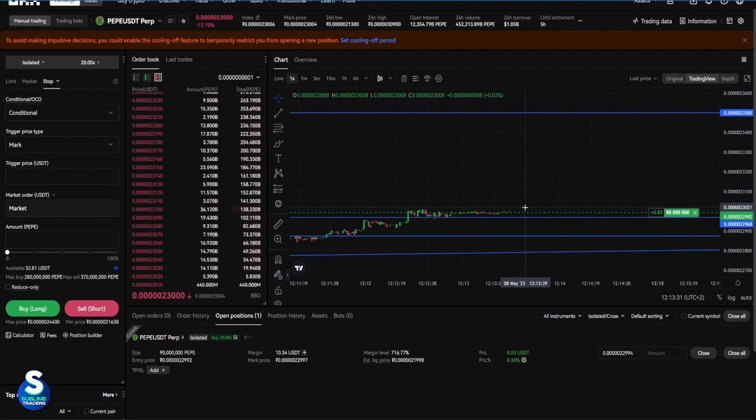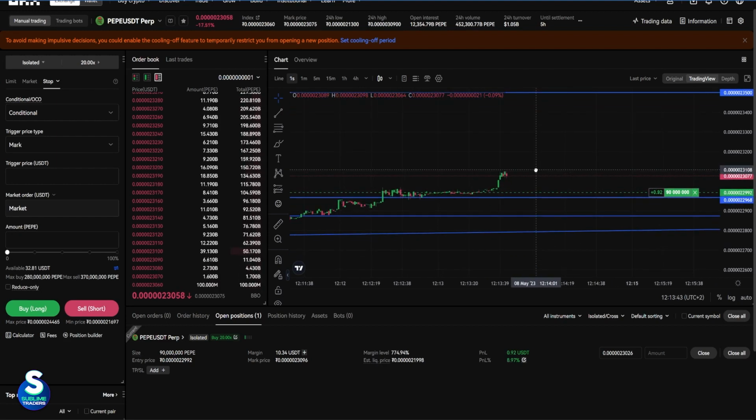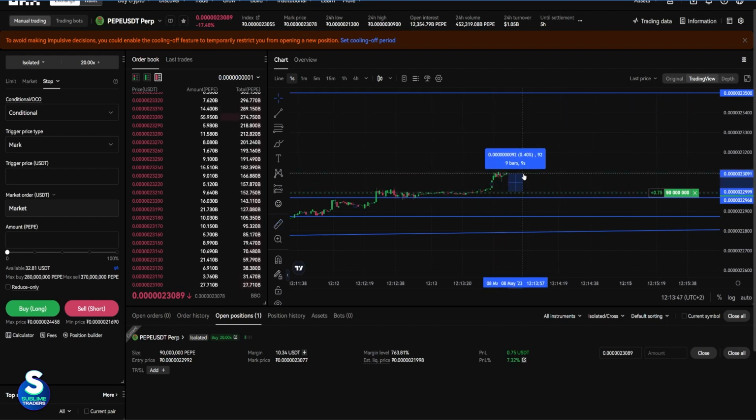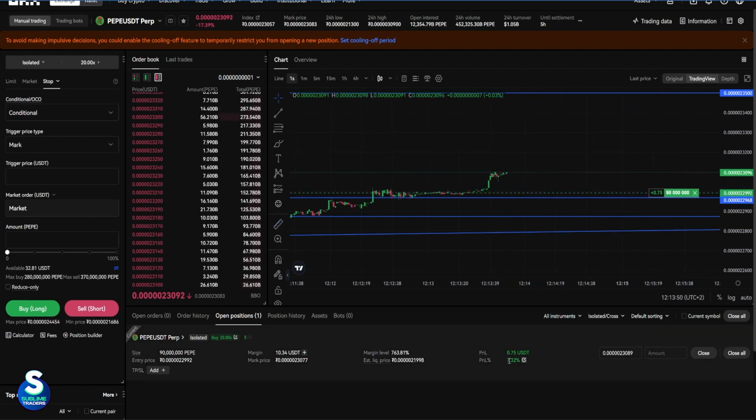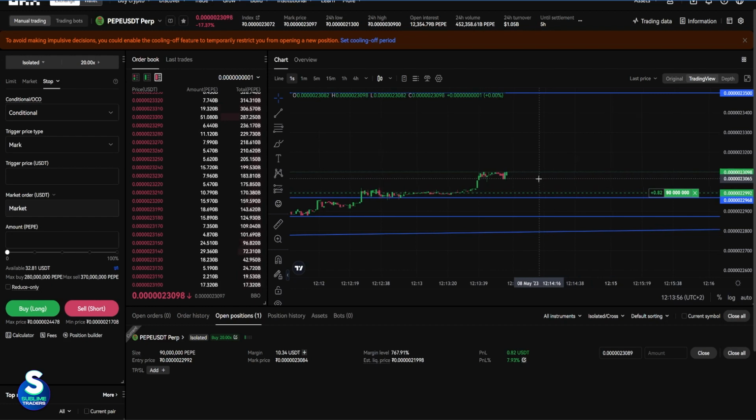I can also close along the way. You know, when you have green, you close as fast as possible. Green in the pocket is green in the pocket, you know. So until now we have 0.40 equaling 7.32% on 20x. I can close now, but I think that we have some more room to go on the upside.